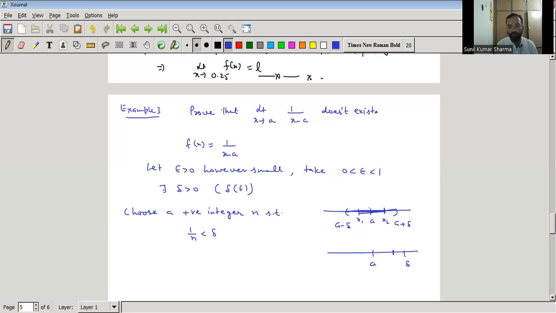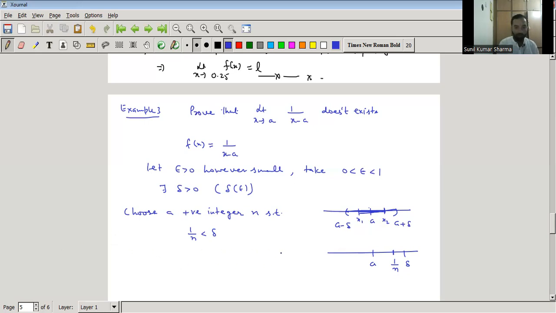So I have to take a positive integer n such that delta is greater than 1 upon n. If I take delta to be 1, then I can choose an integer n equal to 2. So 1 upon 2 is less than delta, less than 1. Even 1 upon 3, 1 upon 4, 1 upon 5, all are less than 1. So 1 upon n is less than delta.